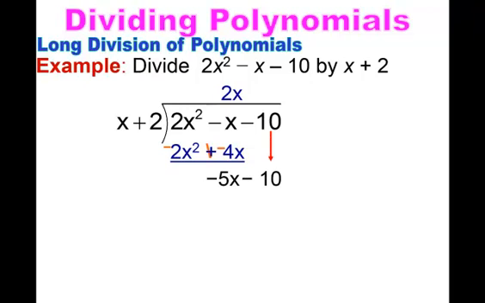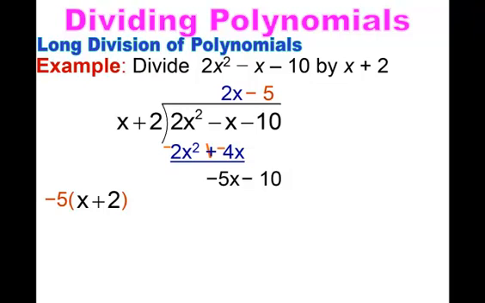So you do the subtraction here, and then the next thing is to bring down the next piece. So the next thing you're doing now is repeating. You're only focused on that -5x and the x. And you need to multiply that x by whatever is going to get you that -5x. So if I multiply by a -5, I'll get a -5x. So you have to make sure you take that -5 and distribute it to the whole thing, the x plus 2.